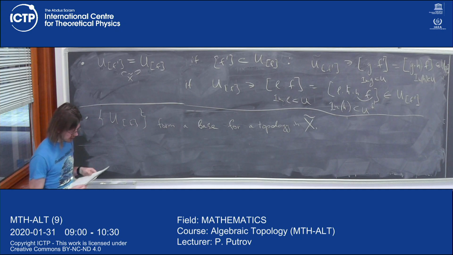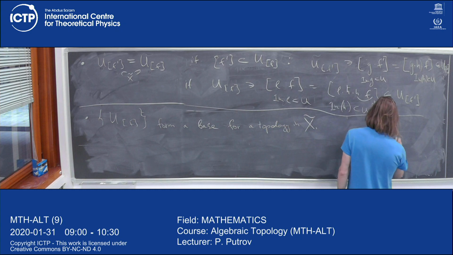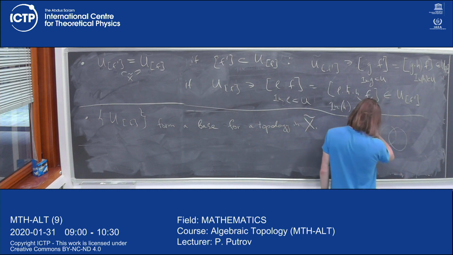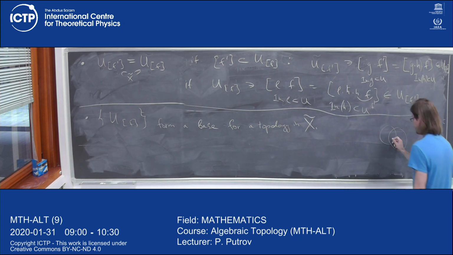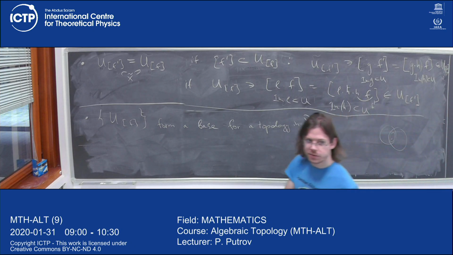There's a condition, to remind you, that if you take two elements in this collection, at any point in the intersection, there should be a third element in this collection which includes this point and is contained in the intersection. This is what we want to check.